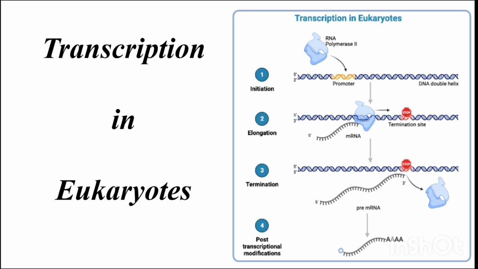But in prokaryotes, transcription as well as translation both take place inside the cytoplasm because they lack a nucleus. Eukaryotes have a cell nucleus, so the transcription process takes place inside the nucleus of the cell.